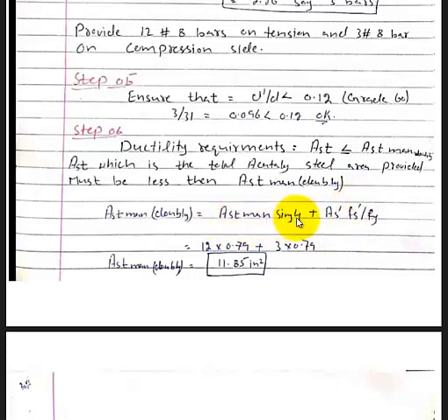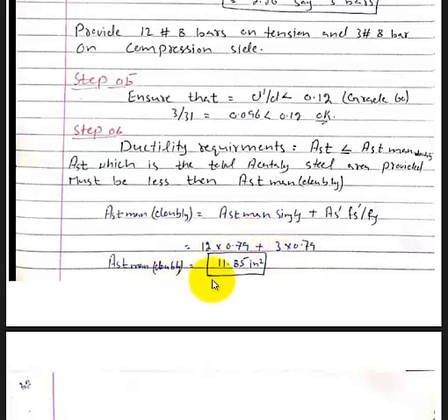Now AST maximum doubly will be AST maximum singly plus As dash, that is 12 number of bars multiplied by the area of one bar, 0.79, plus 3 number of bars multiplied by 0.79, the area of one bar. 12 is the number of bars used on the tension side, and 3 is the number of bars used on the compression side.